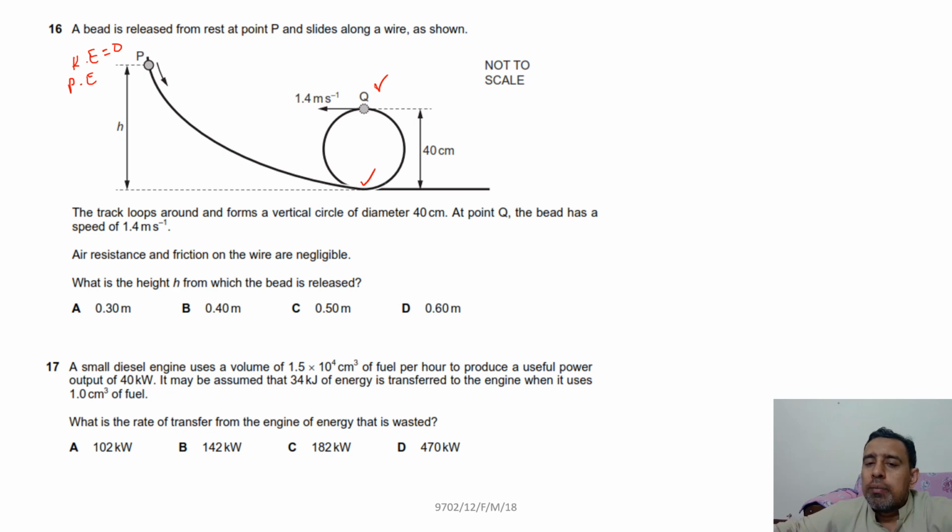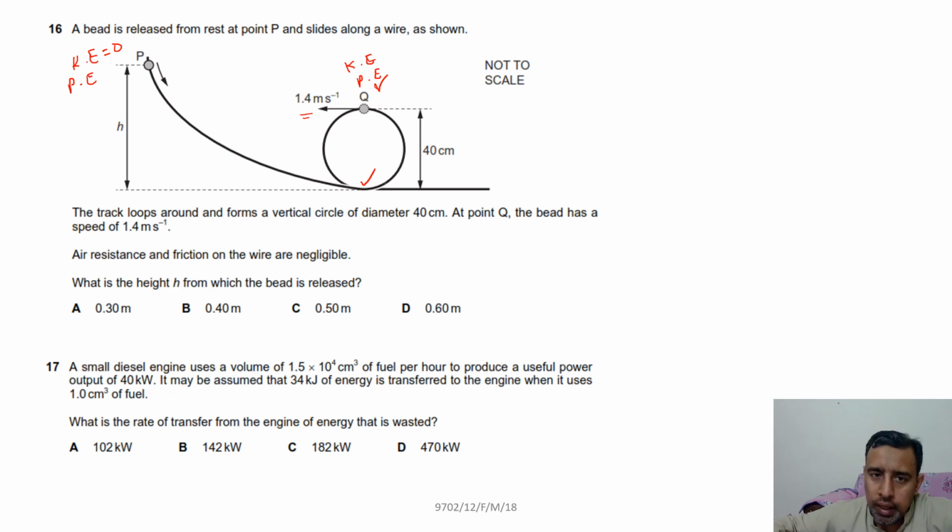At point Q it is moving, so it has kinetic energy plus potential energy. It has both energies over here. And air resistance and all the frictional forces on the wire are negligible. You have to get this height.